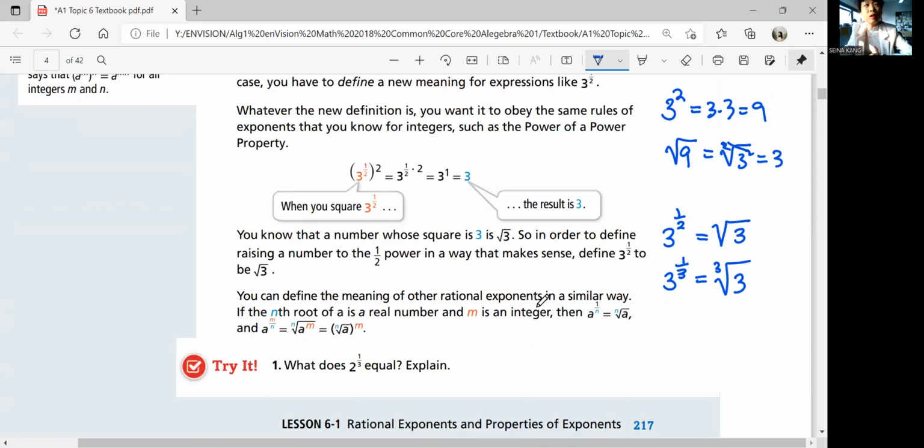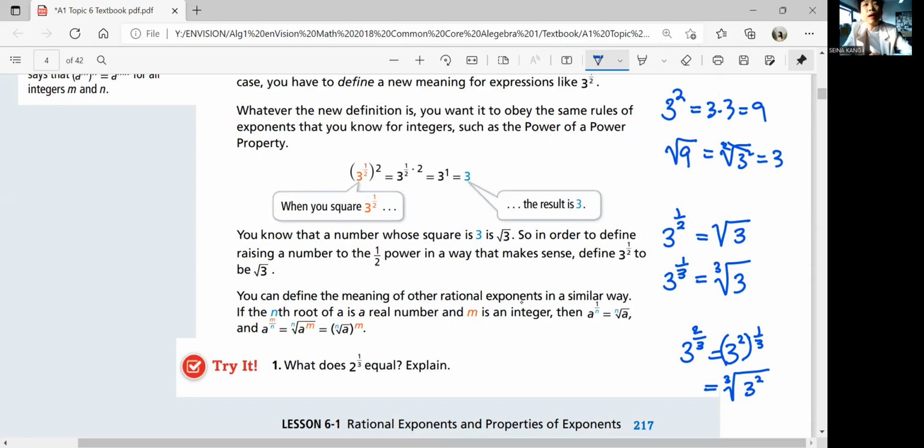Okay? So what if you get something like 3 to the 2 over 3 power? That means you can write this as 3 to the power of 2 times 1/3, right? So that's really the cube root of 3 squared. Okay, does that make sense? Or you can think of it like this. You can put parentheses. It's a power of a power.